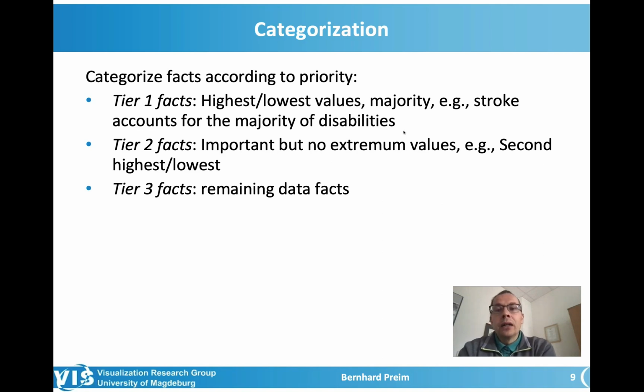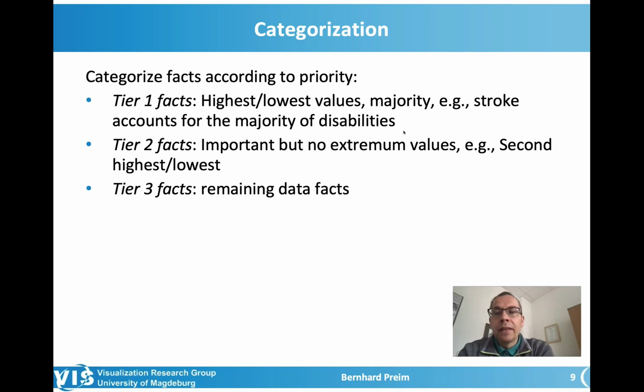So facts are prioritized. That's the basic idea to cope with a large number of facts. They said we have so-called tier 1 facts. These are extremum values, the highest and lowest one, or the majority, as we have seen in the donut chart. A medical example could be: stroke accounts for the majority of disabilities.